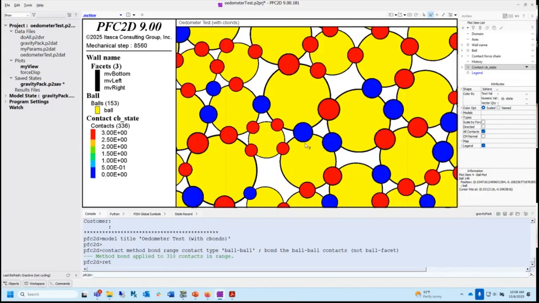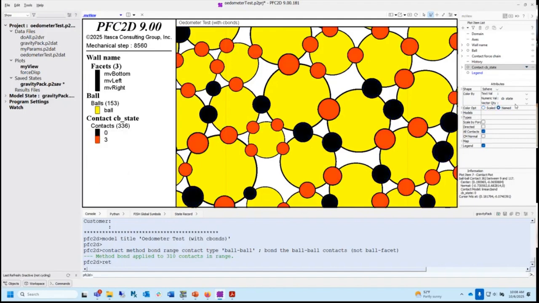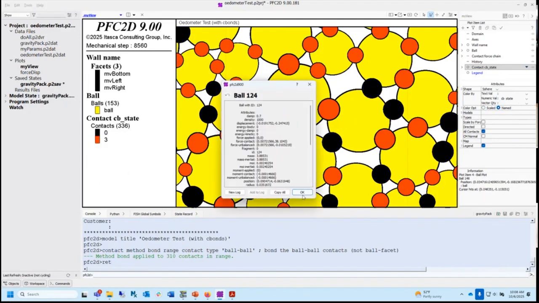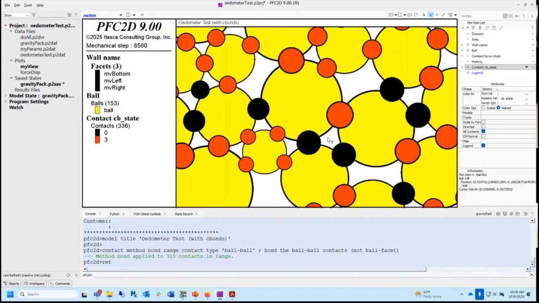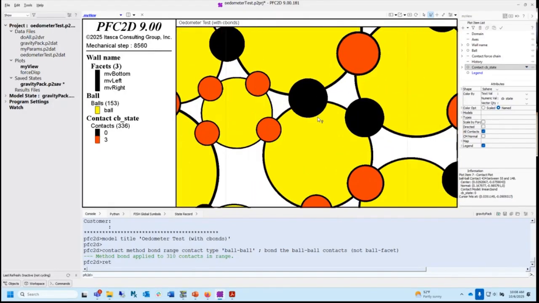Okay. And so that means if I start pushing this, these guys are eventually going to come into contact. So just a second. We should be able to see this. Let's just watch this guy. Let's see if he comes into contact. He's not in contact now. He's unbonded. 0, unbonded. Let's put him in the center.